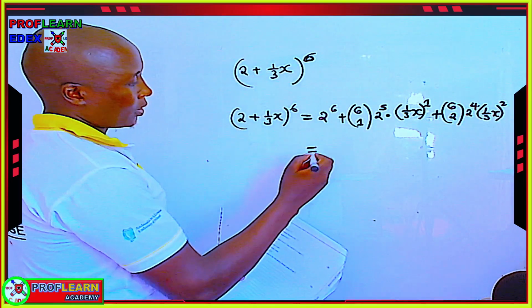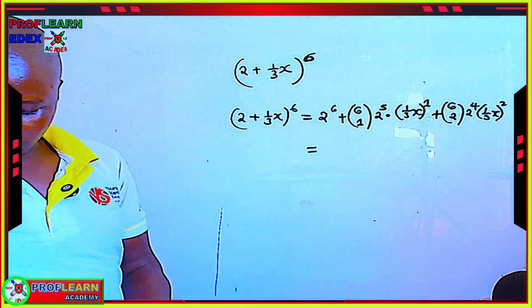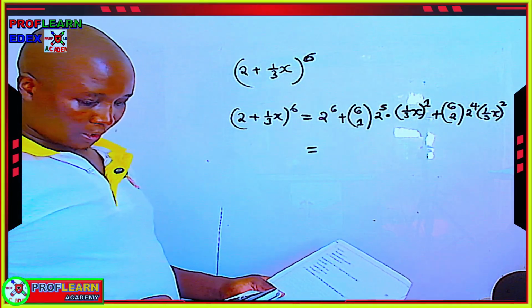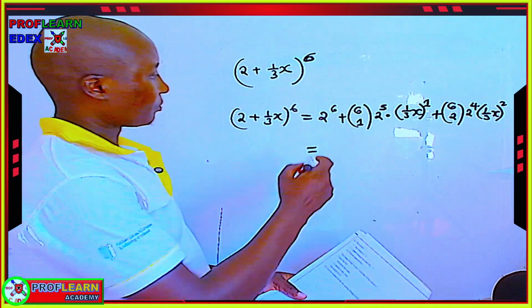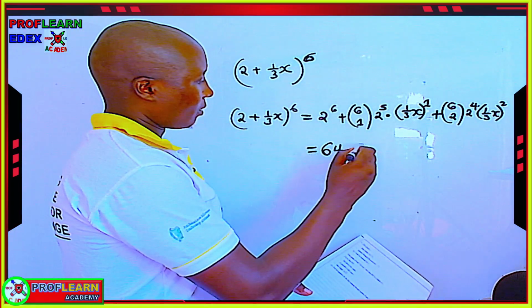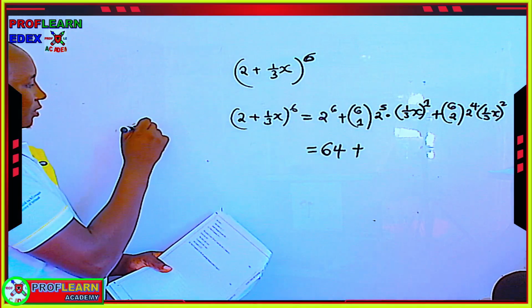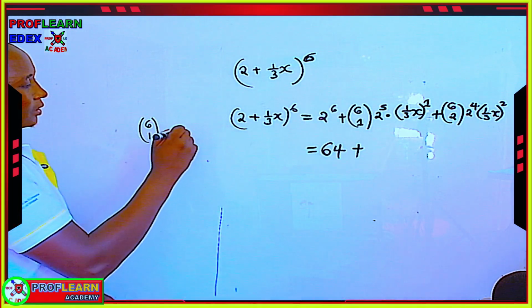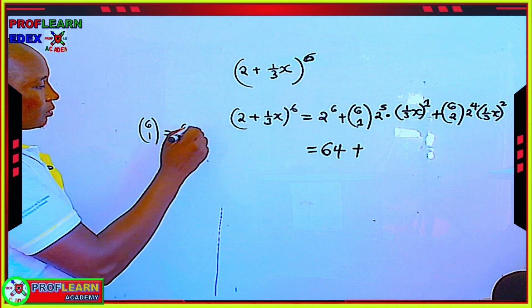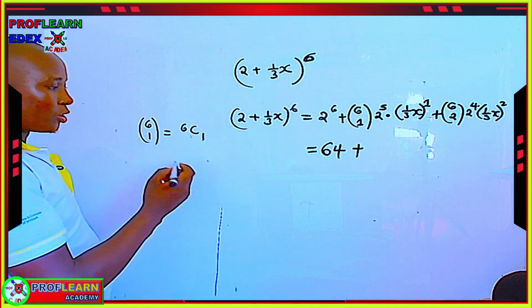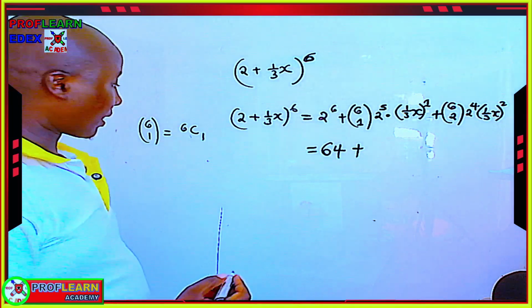Now, we can simplify this using our calculator. What is 2 raised to power 6? That gives us 64 plus 6 combination 1. And remember, 6 combination 1, you can get it directly from the calculator.